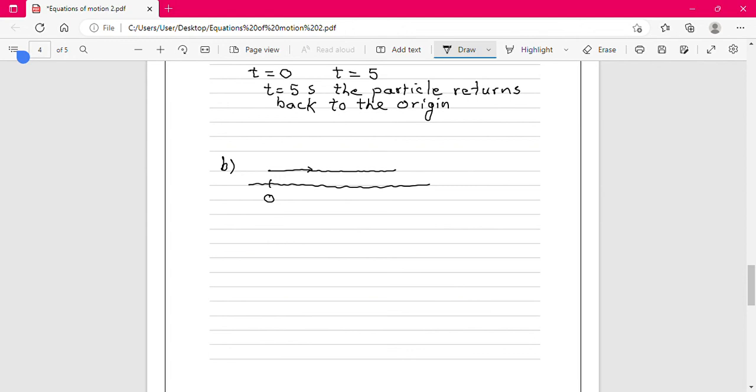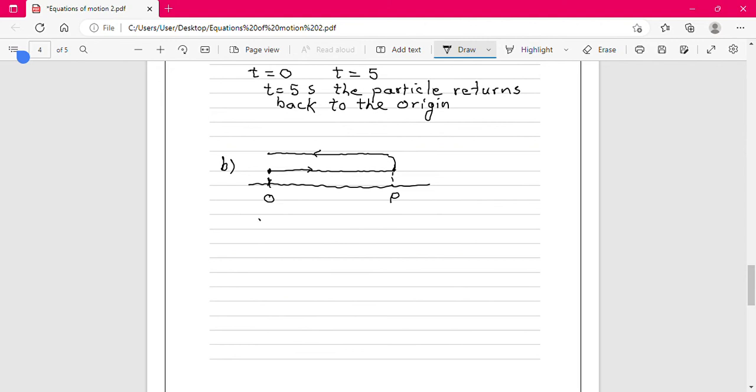It is coming to a point. Here the velocity is becoming 0 and then it will return back. So first let us find out the one-way distance traveled by the particle from origin to this point, say P, where the velocity of the particle becomes 0. So let us find out this distance first.